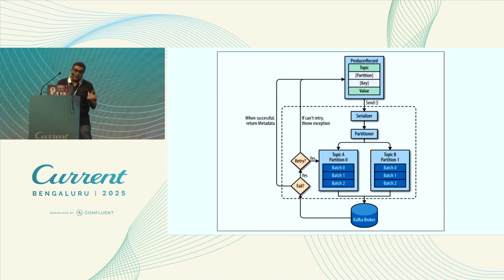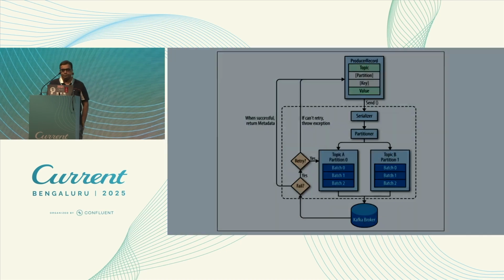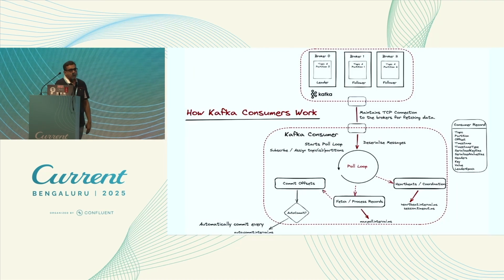Then there is a batching mechanism which ensures that you get the desired throughput, and a retry mechanism, so you could have sophisticated retries after a certain point and then gracefully degrade.